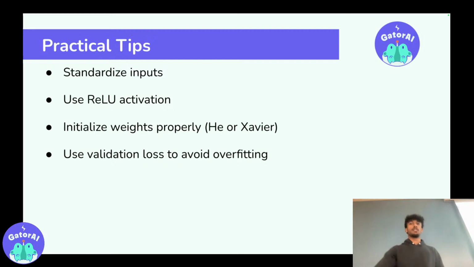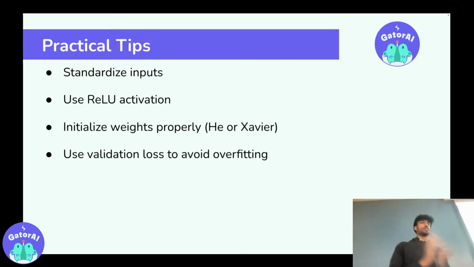All right. So here are some tried and true practical tips that will make your neural networks train smoother. First, standardize your inputs. If your features are all over the place, like one is in inches and another's in dollars, gradient descent will struggle. You have to scale them to similar ranges to help everything converge faster.